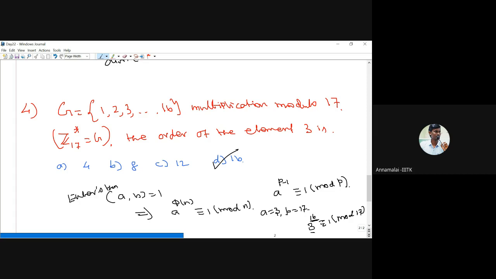If we take n equal to a prime number, phi of p is nothing but p minus 1. So this is Fermat's theorem. Using Fermat's theorem, we can say the order of 3 is 16.